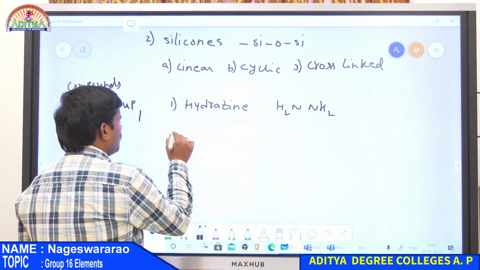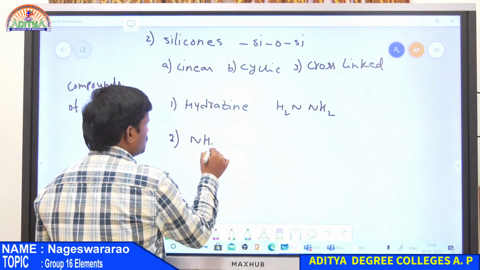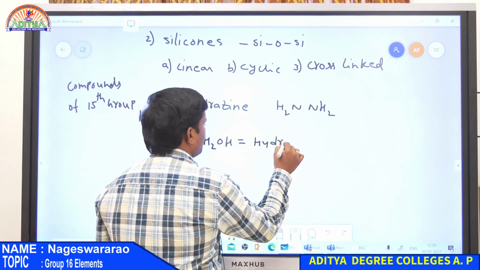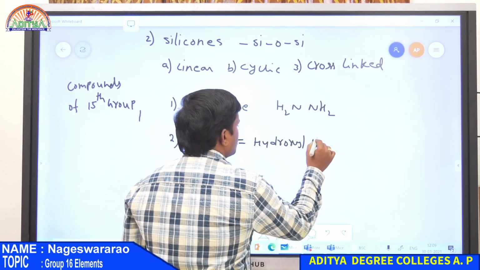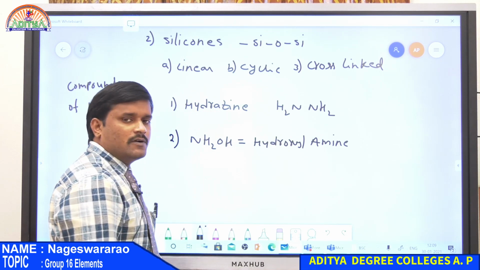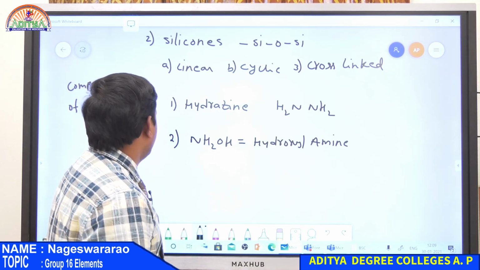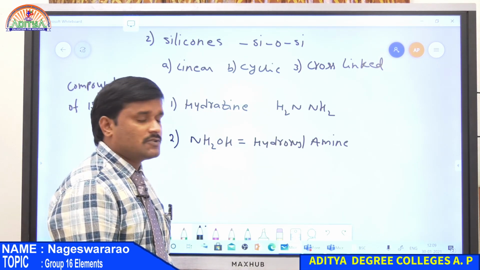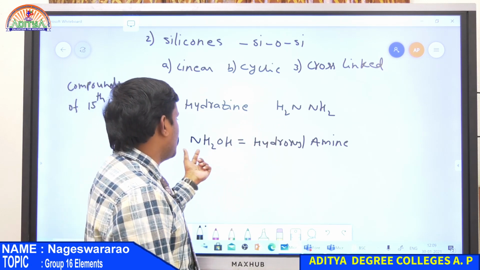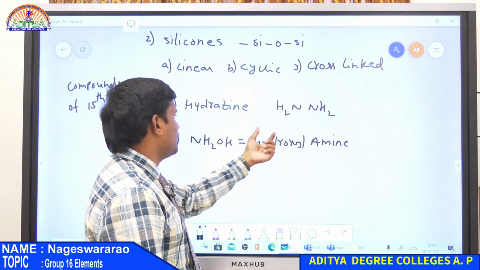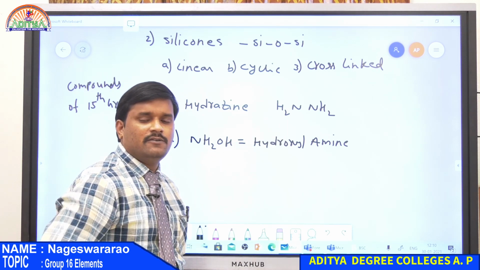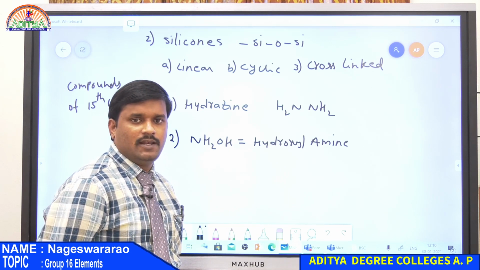And one more compound, that is NH2OH, hydroxylamine. So these are the two compounds under the heading of 15th group elements compounds. These are both nitrogen compounds. So all these are compounds of 13, 14 as well as 15th group elements.